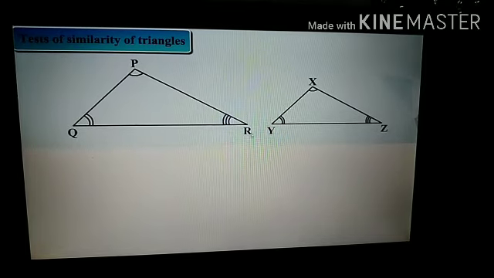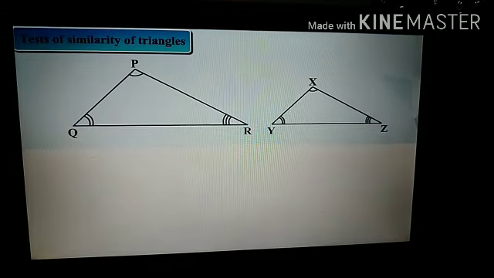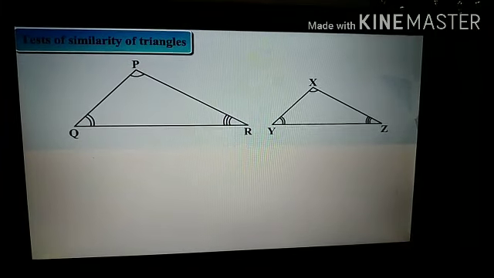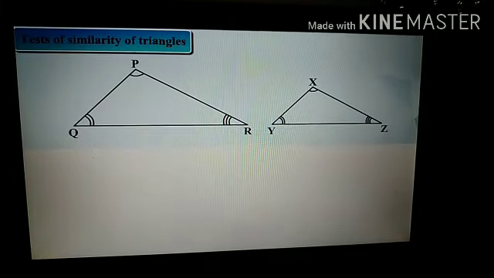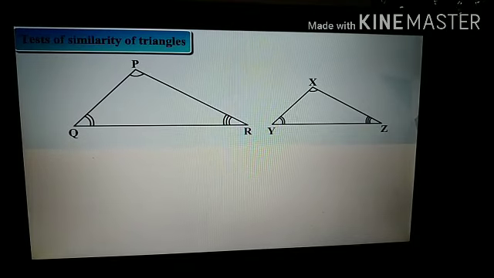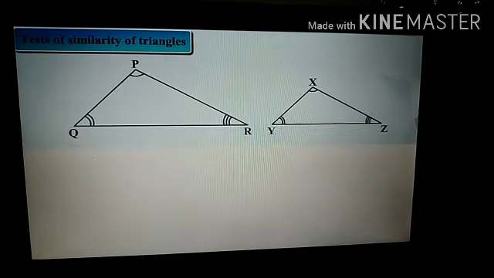We can say angle R is congruent to angle Z. Looking at the figure and the symbols marked on it, we conclude that the angles of triangle PQR are congruent to the corresponding angles of triangle XYZ.